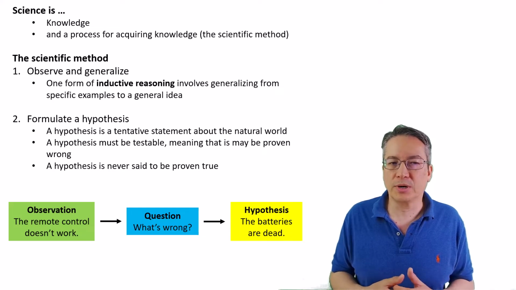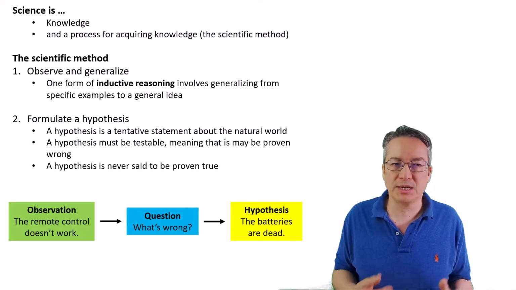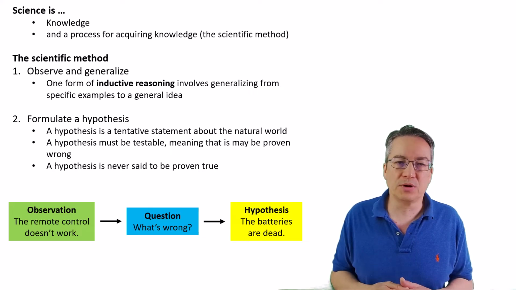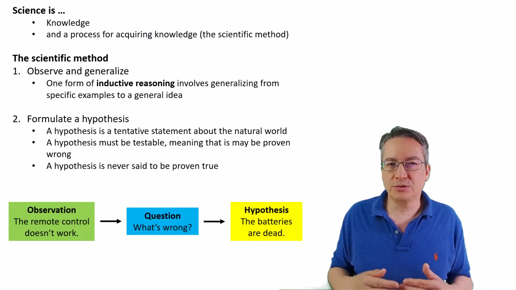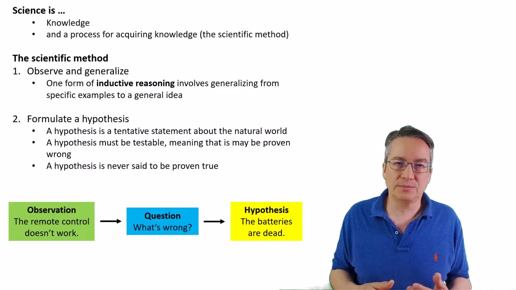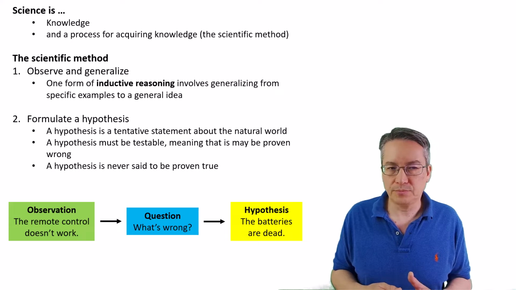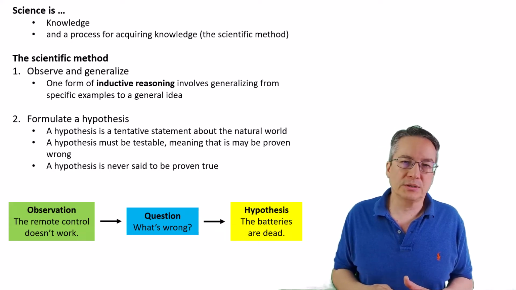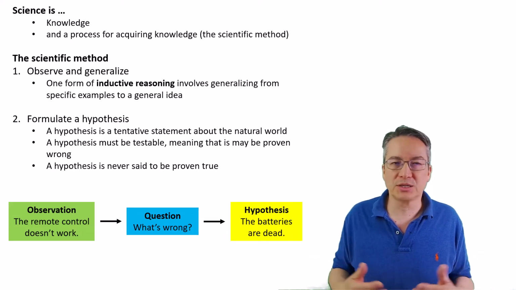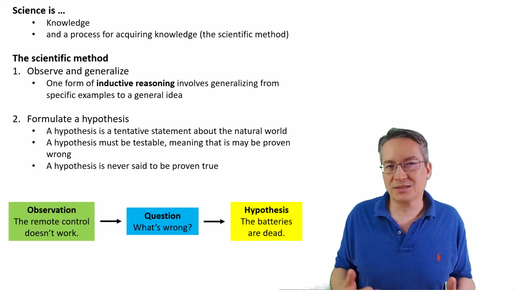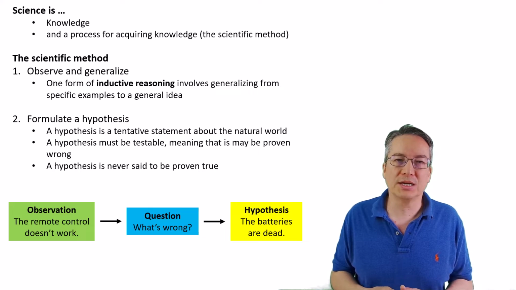But there are some requirements for a hypothesis. It must be testable. This means that it's possible that it can be proven wrong. So it's something that you can actually test and potentially support with some data, or you could potentially prove it wrong. So if you make up a hypothesis and there's absolutely no way to test it, then it's probably not a scientific hypothesis.